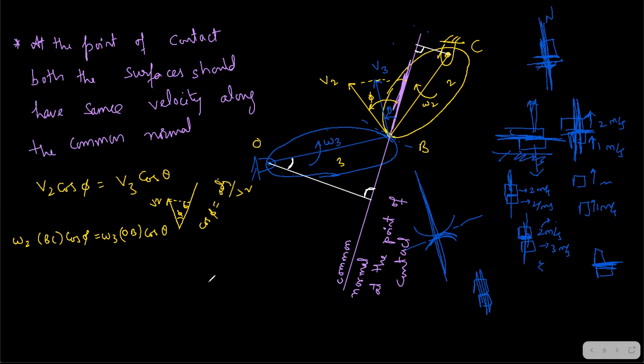See, suppose this line is perpendicular to this line, and I have this contact over here, and to this line, this is perpendicular. So whatever angle I have here, I'll have the same angle over here.